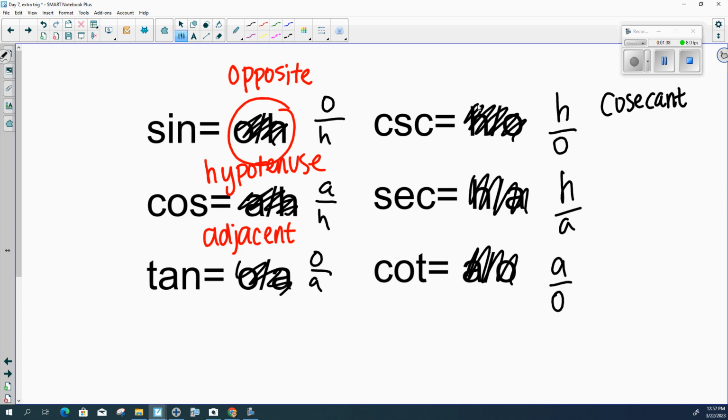This one's just secant. Any guesses on that one? Cotangent. And they're just upside down. They're the reciprocal with their own fancy name.